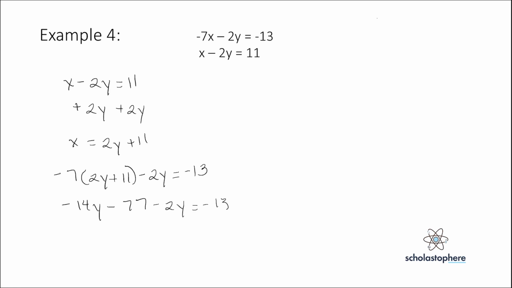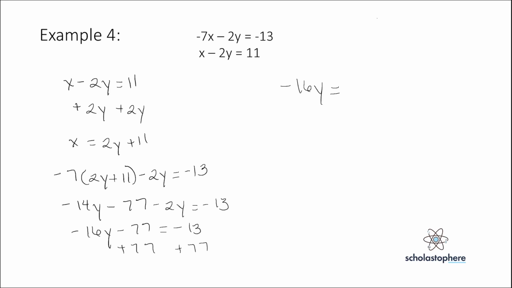Go ahead and combine like terms. So you should get -16y minus 77 equals -13. In order to get -16y by itself, we have to add 77 to both sides of the equal sign. So once you do that, you should have -16y is equal to 64. You'll have to divide both sides of the equal sign by -16, and y is equal to -4.